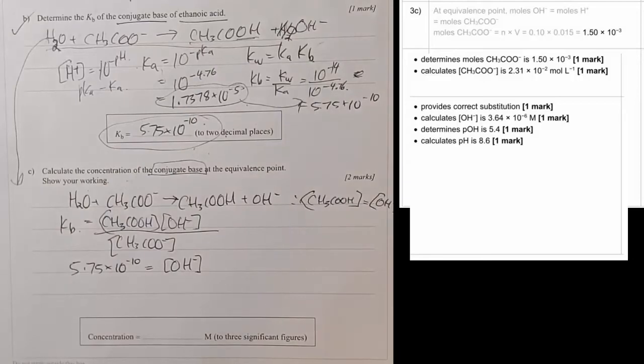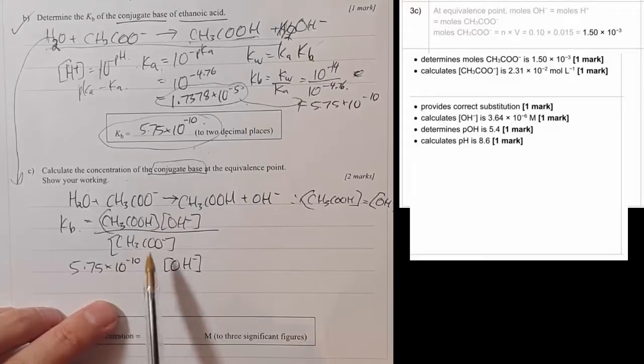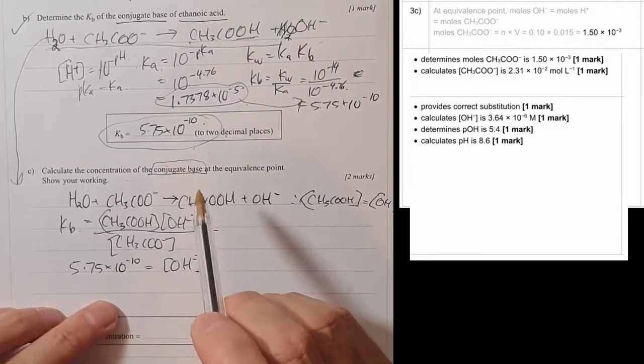So the amount that's neutralized, I have to do some stoichiometry to work out how much there is. So I don't actually think that is necessary. I've just gone down the rabbit hole. I might have to do that next.